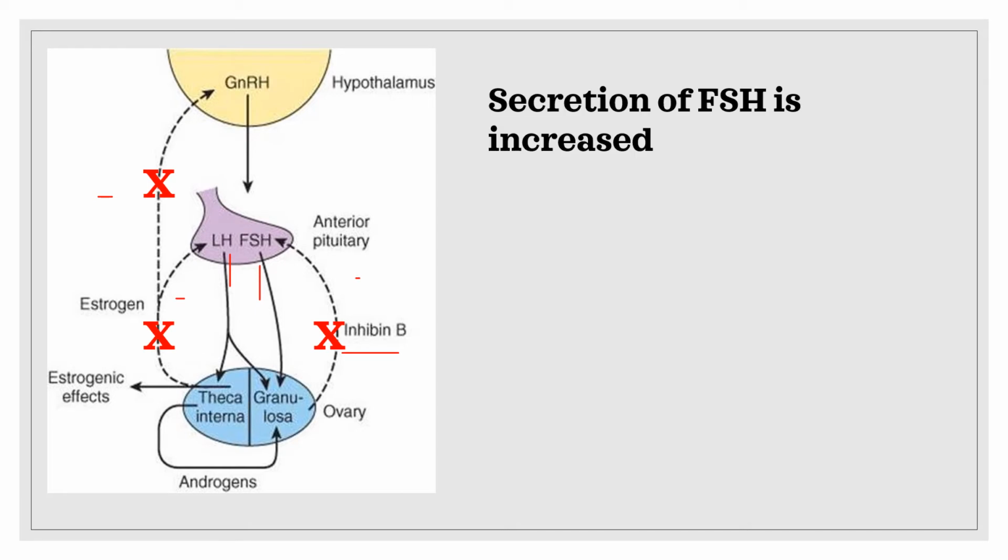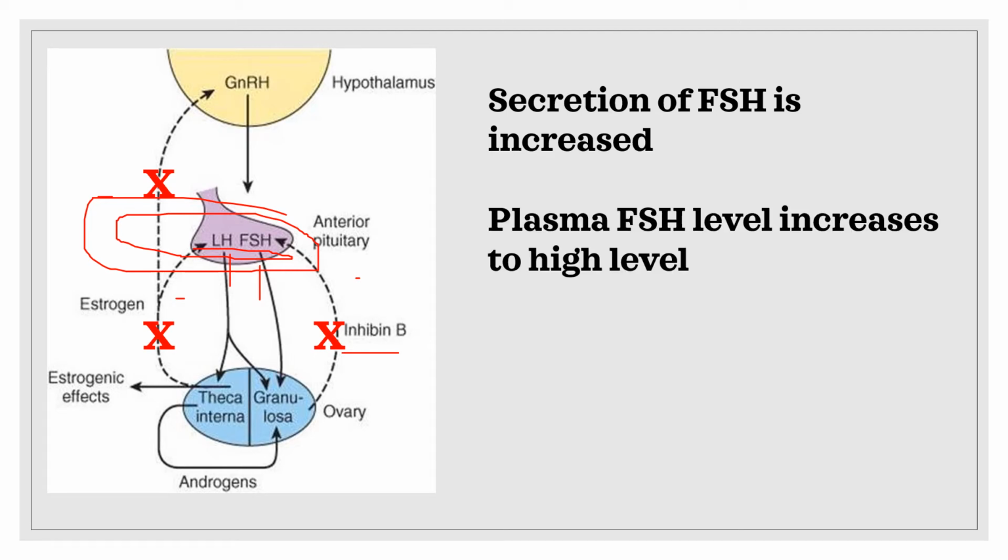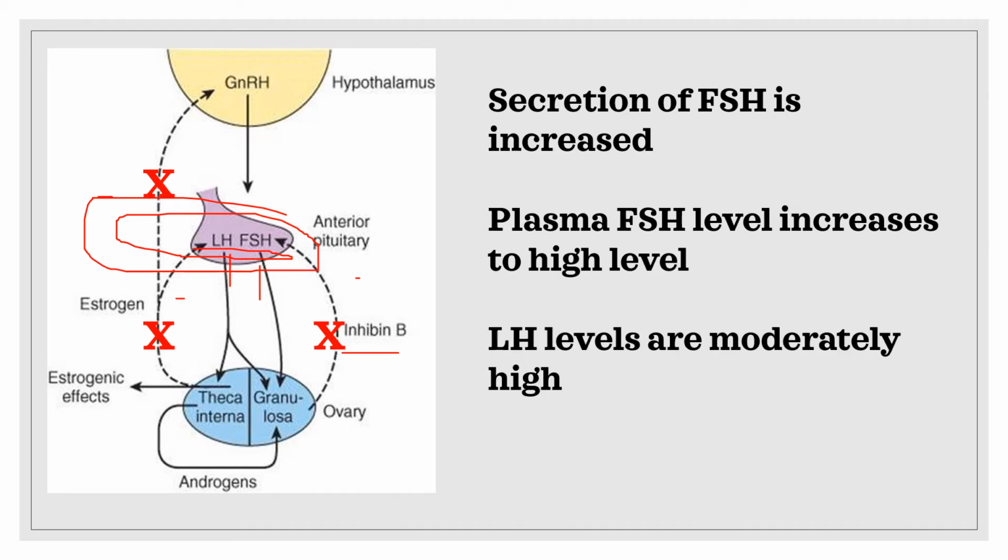What will be the result? Secretion of FSH will be increased. The inhibition on the anterior pituitary by estrogen and inhibin will be withdrawn. Plasma FSH level increases to a high level. LH levels are also moderately high.